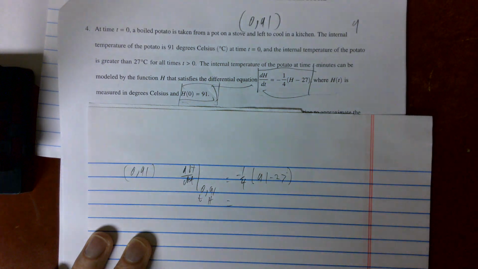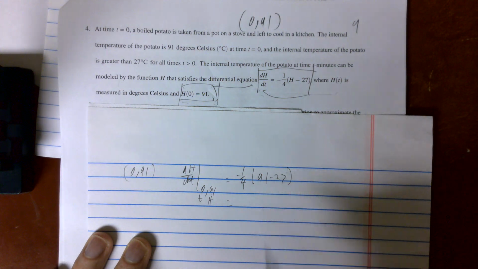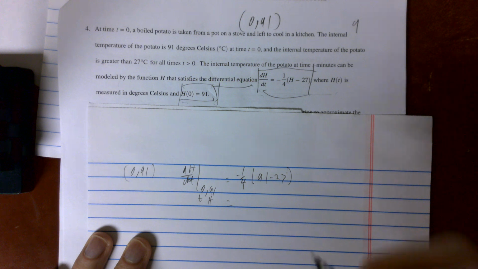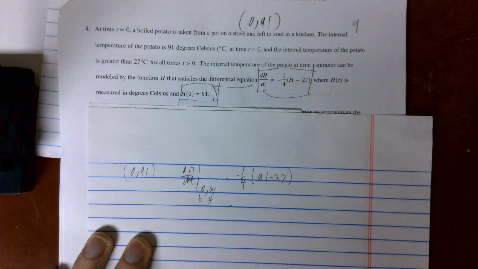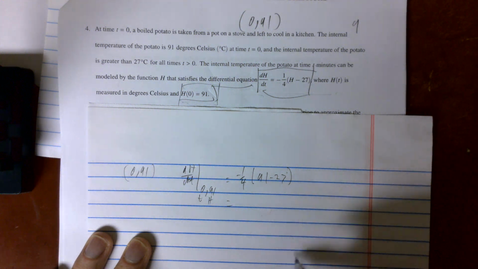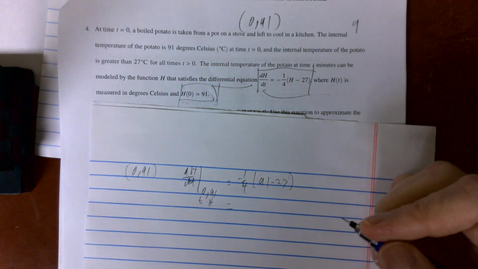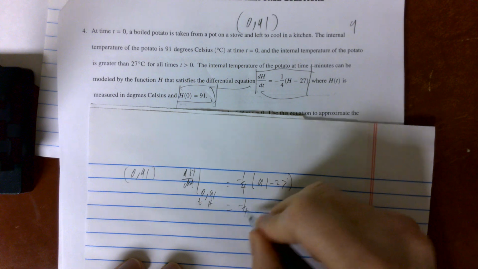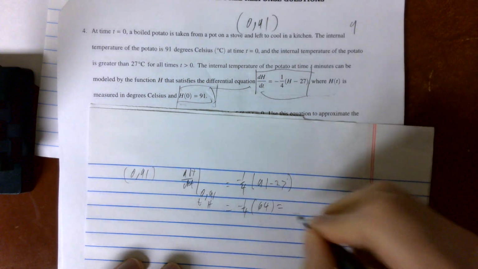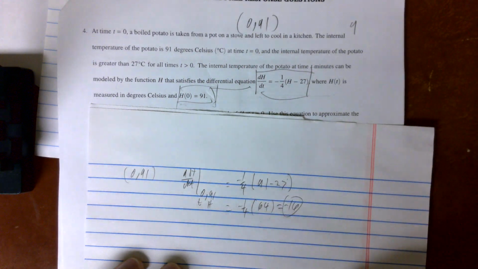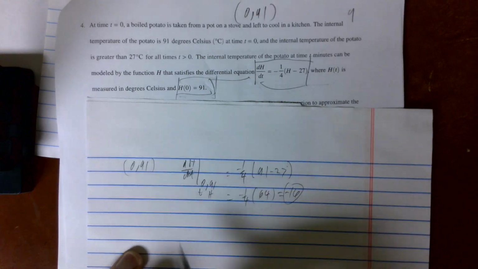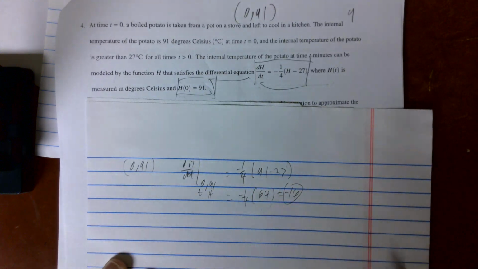Well, not super convenient, right? 91 minus 27. Is that 84? No, 64. Negative 1/4 times 64, which gives me negative 16. There's our slope. There's your point, there's your slope.